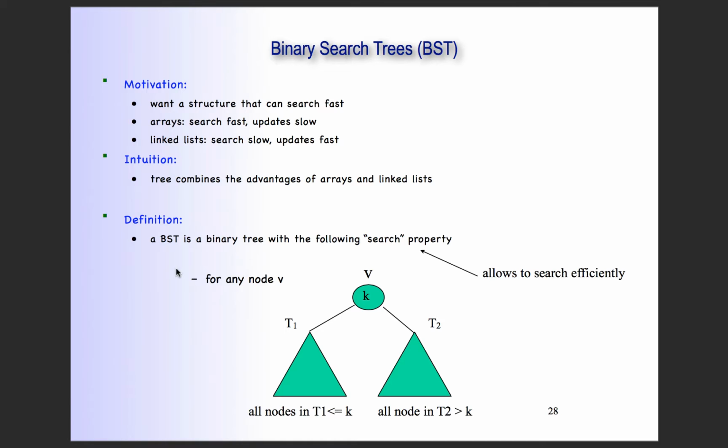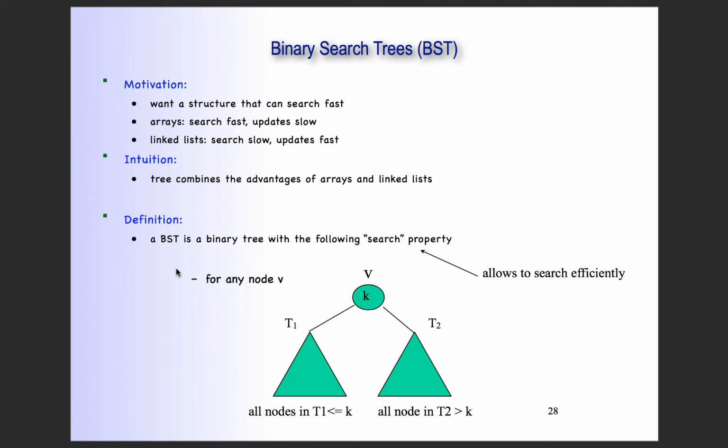And if you want to insert something in between in an array, then you might need to shift all the data to the right side to make room for the new data. So this is not efficient. The linked list has a better way of inserting and deleting, because you don't need to shift anything.